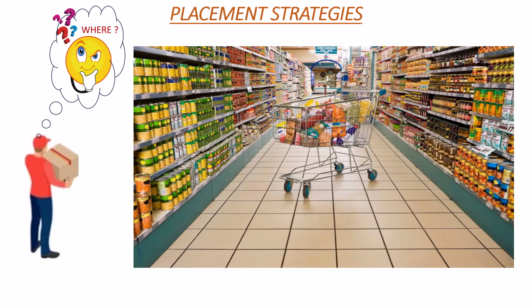But if the warehouse is very huge, in acres of land, with thousands of products, is it possible to remember where exactly each product has to be stored? No. At that time, obviously, we require software, that is SAP EWM.